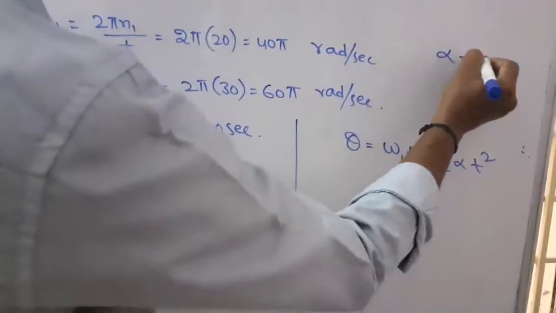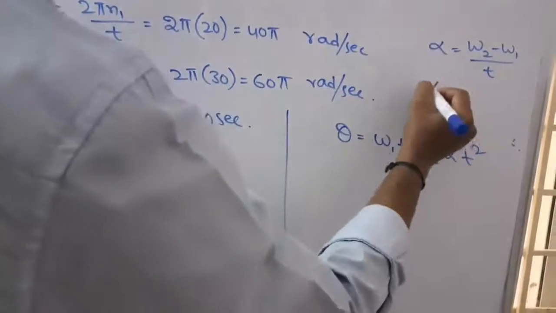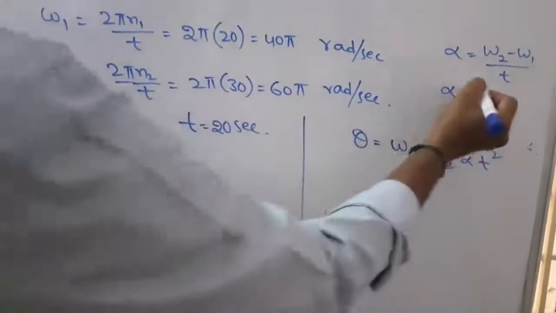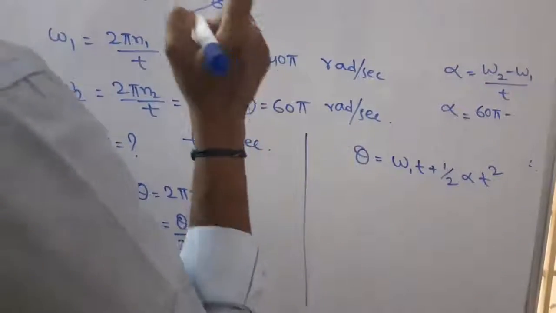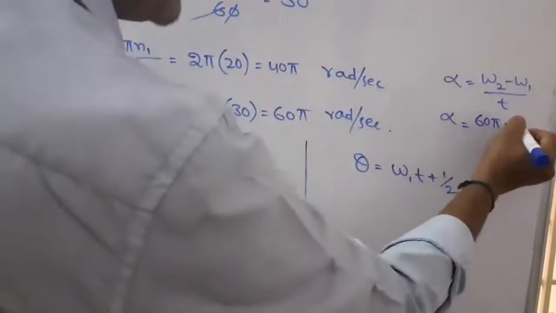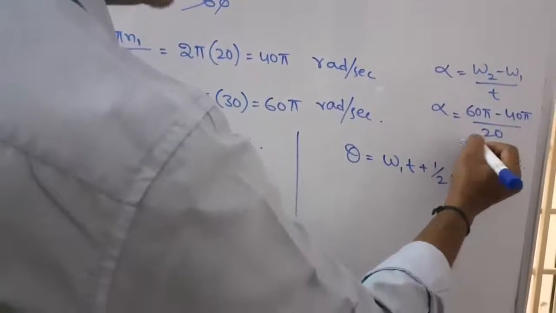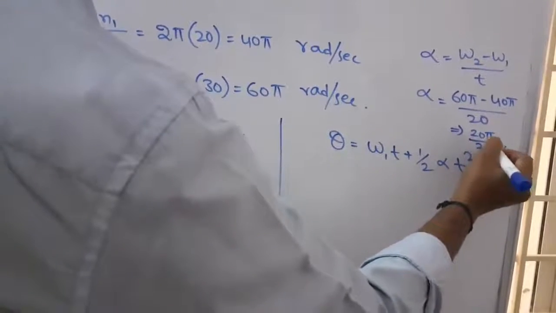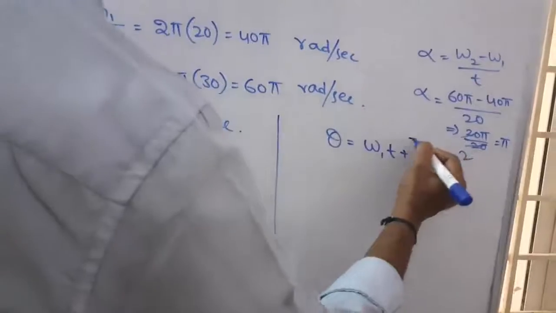Alpha is equal to omega 2 minus omega 1 divided by t. Alpha is equal to 60 pi minus 40 pi divided by time 20, that is equal to 20 pi divided by 20. Therefore alpha is calculated as pi.